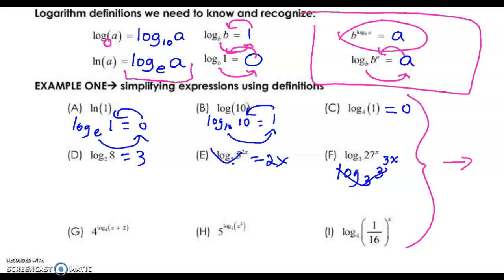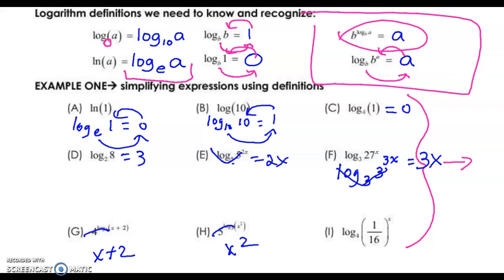Those can cancel, and what we have left is 3x. So that's just 3x. Same for exponents. Again, those are going to cancel, and we have left over x plus 2. Boom, x squared. Last one.